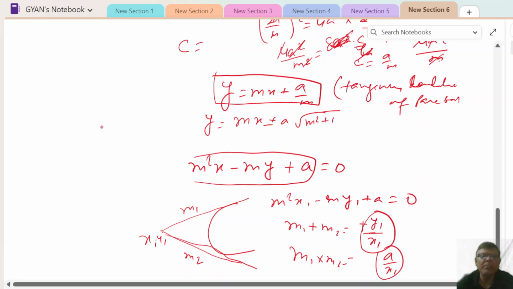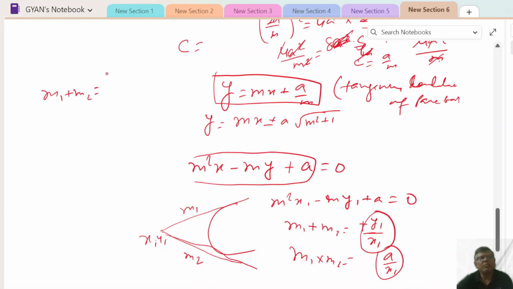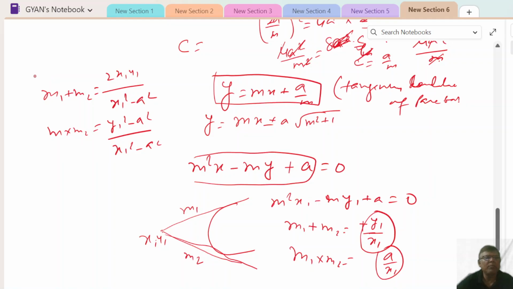Actually, in the circle, what did we get? m1 plus m2 is equal to 2x1 y1 divided by x1 square minus a square, and m1 into m2 is equal to y1 square minus a square divided by x1 square minus a square. That we got in the circle.